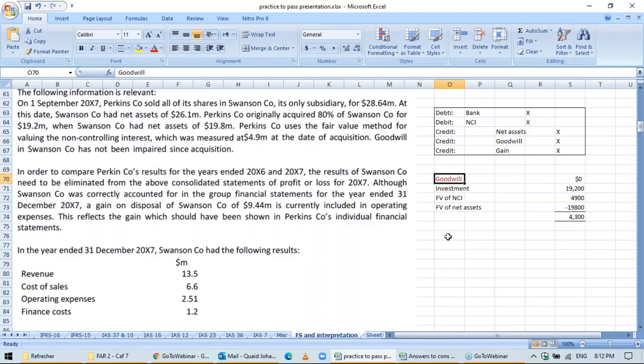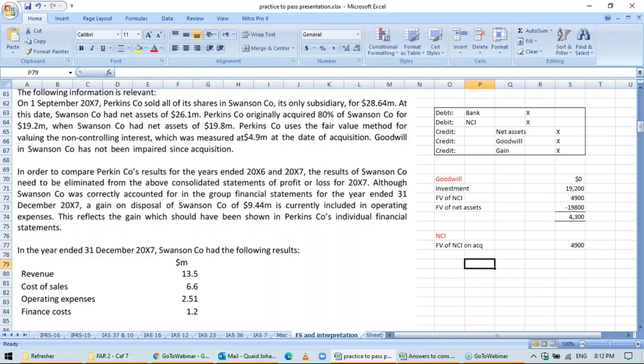Now, next we need to know the non-controlling interest. Let's calculate the non-controlling interest. Non-controlling interest on acquisition was the fair value of NCI on acquisition, which will be the same as the amount taken in the goodwill calculation, 4,900, right?